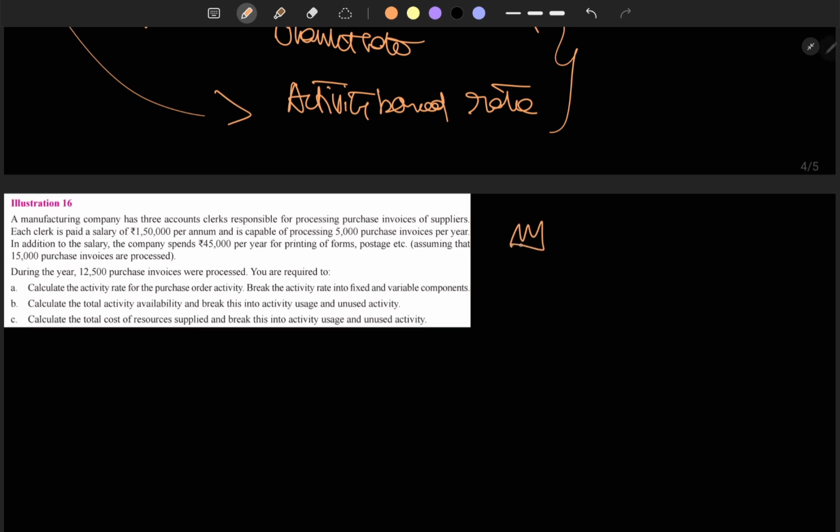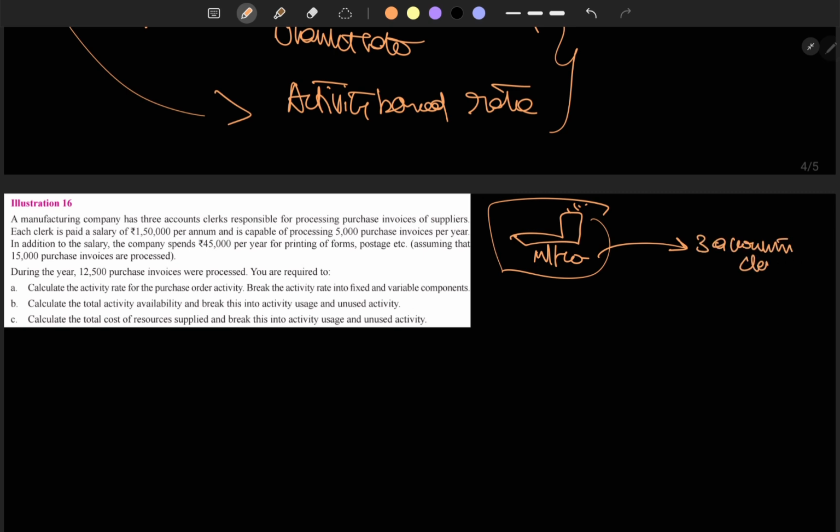Manufacturing company. Just three accounts clerks responsible for processing purchase invoices of suppliers.